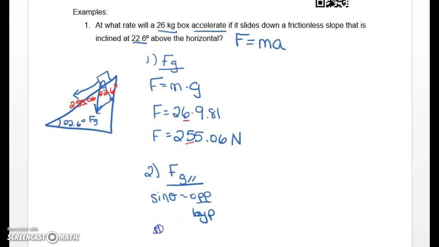So we have sine of 22.6 degrees is equal to your opposite, which we don't know, which you can let be x, over a hypotenuse, which we found to be 255.06.